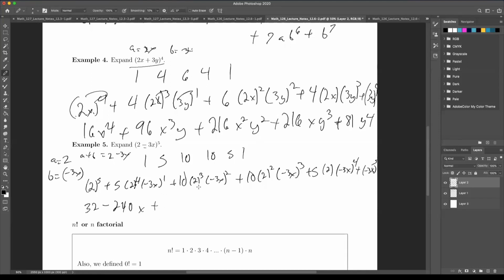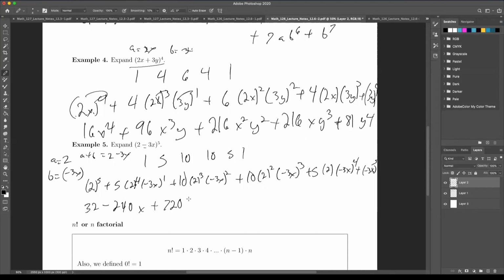Then the next one will be plus 10 times 8 times 9. Remember, this is positive now because I squared it. So 72 times 10 is 720, and this would be x squared.